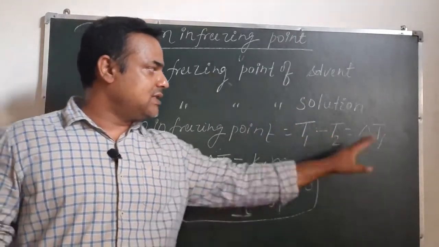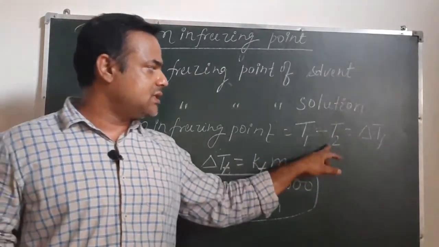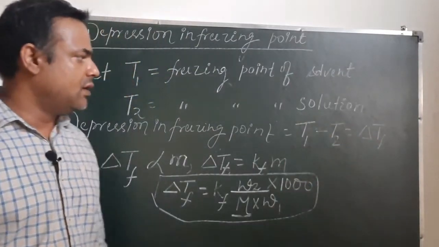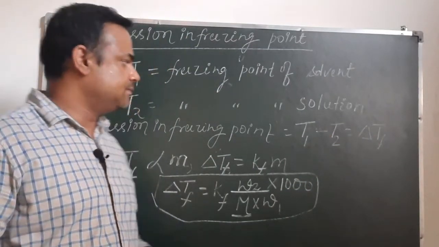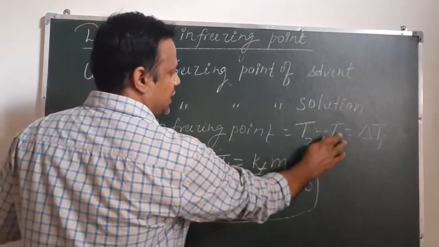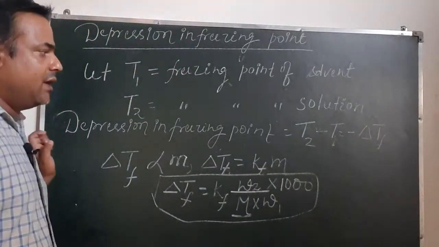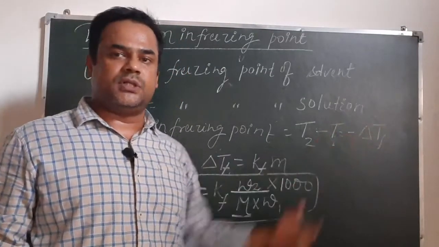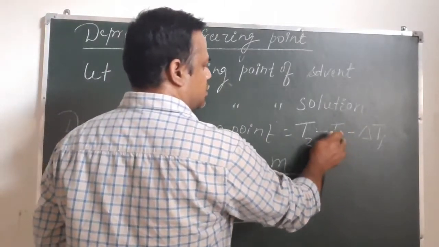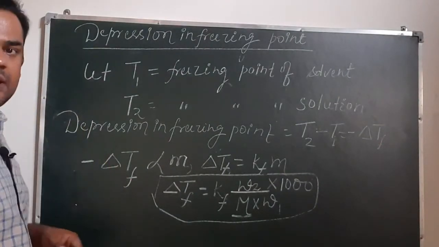So to make this delta TF positive, we write T1 minus T2. If you write T2 minus T1, in that case you have to write negative delta TF, so that we get the whole value positive. So either of these you can write. So this will be minus delta TF, and here also we have to write minus delta TF.